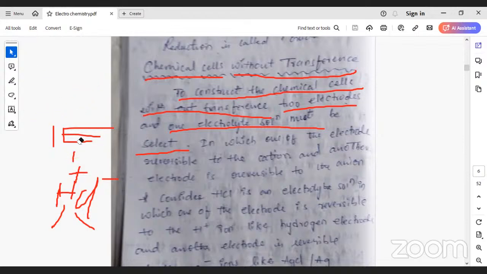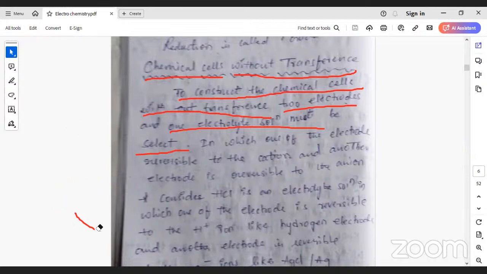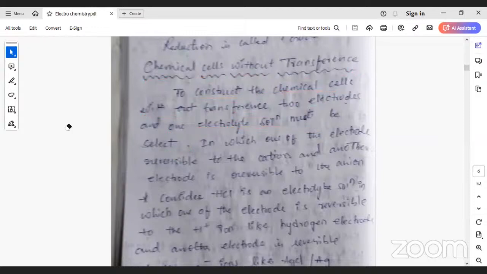HCl as an electrolyte should be considered, right? To construct the EMF of chemical cells without transference, two electrodes and one electrolyte must be selected, in which one electrode is reversible to the cation and another electrode is reversible to the anion, right?